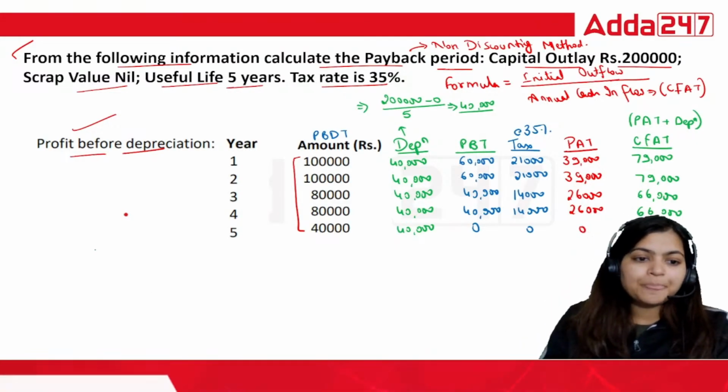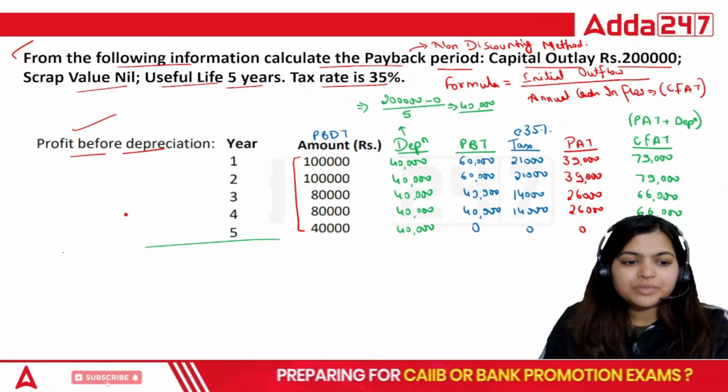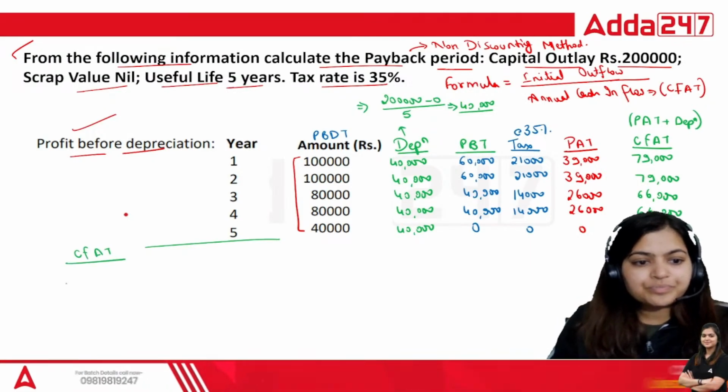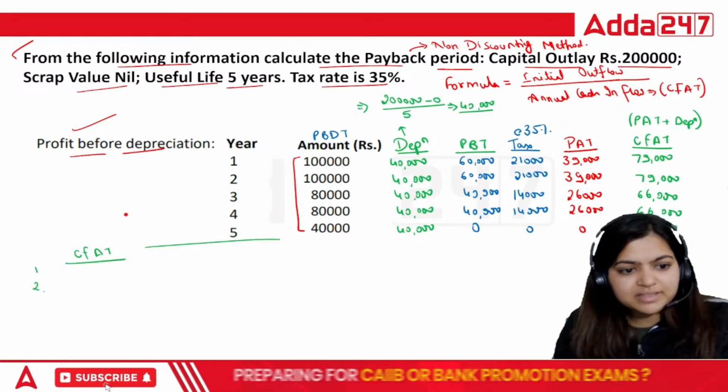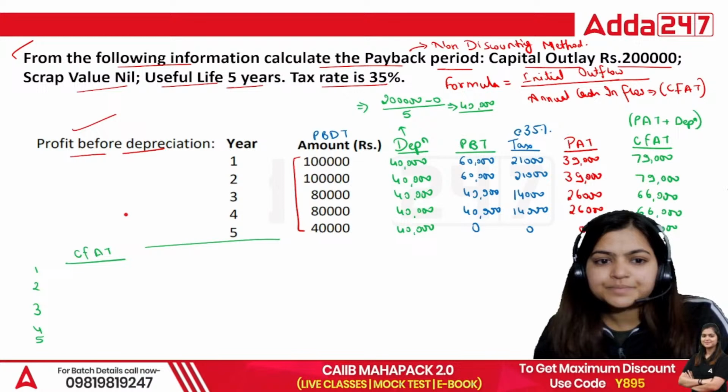Now, what we need to do after this, I'm solving this side. So here you can see cash flow after tax for first year, second year, third year, fourth year, and fifth year.